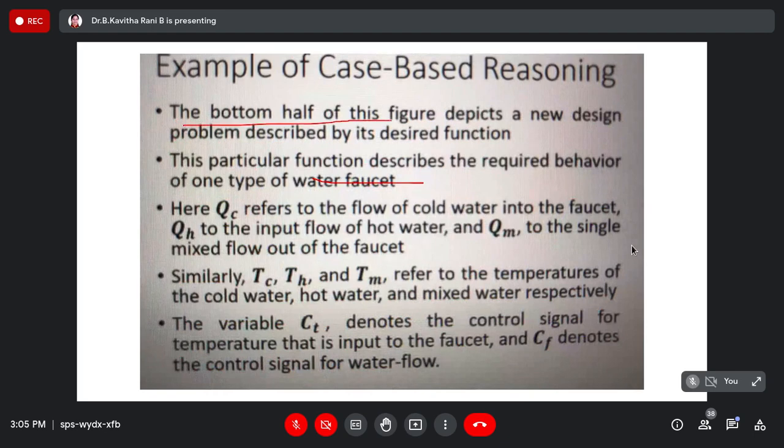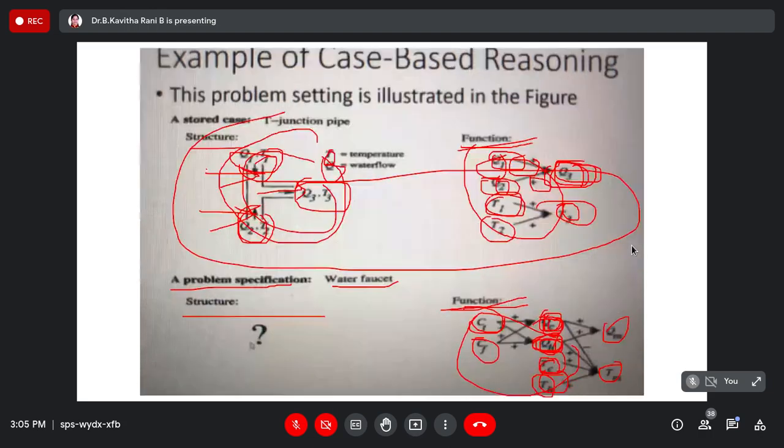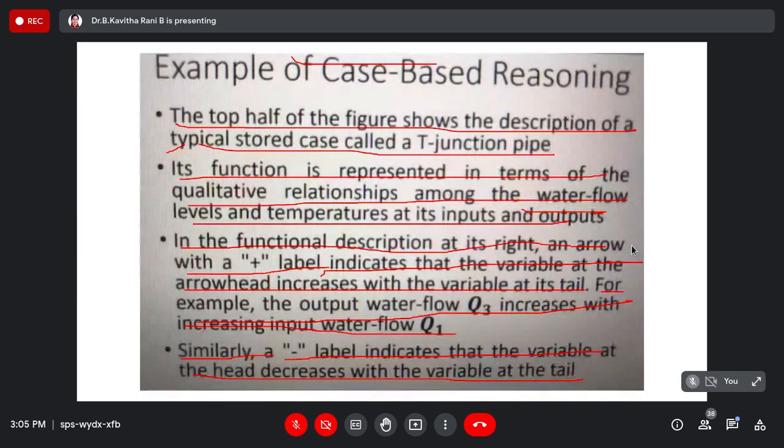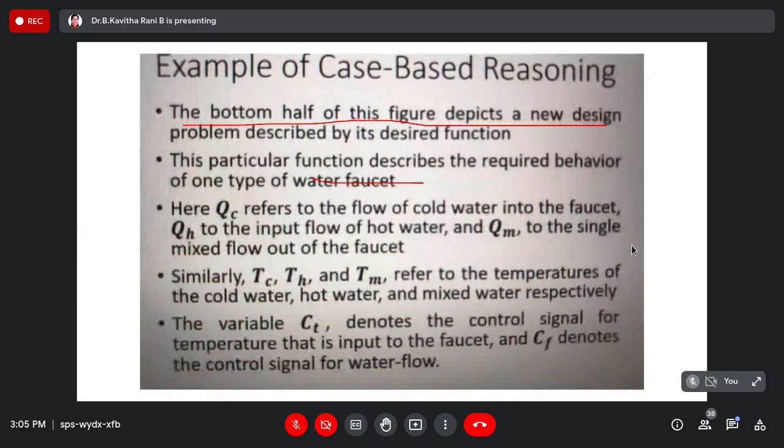So the bottom half of this figure depicts a new design. So till now what I have told you, this is your new design. For this we have to frame one structure. Okay. So the particular function describes the required behavior of one type of water faucet, the functionality of a tap.